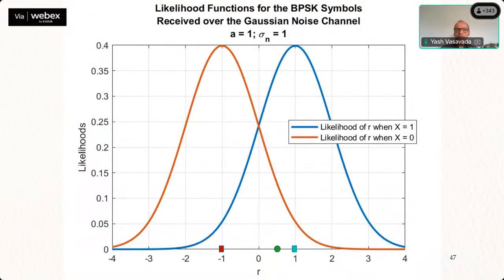I have plotted these two PDFs. This one in red is the PDF of R given x equal to 0, and this is the PDF of R given x equal to 1. In this plot, I have taken A is equal to 1. So when the transmitter sends bit 1, the PDF is centered at R equal to 1. The mean value becomes plus 1. When the transmitter sends bit 0, the mean becomes minus 1.